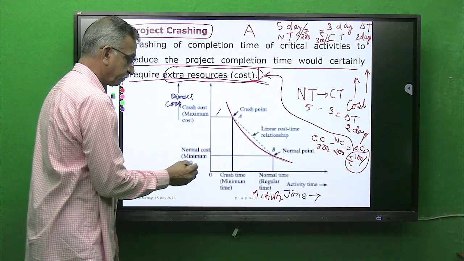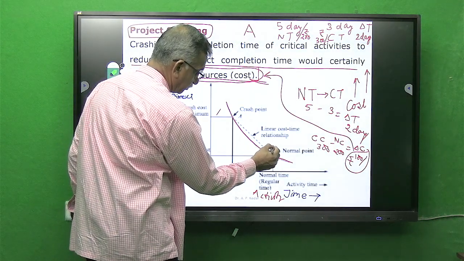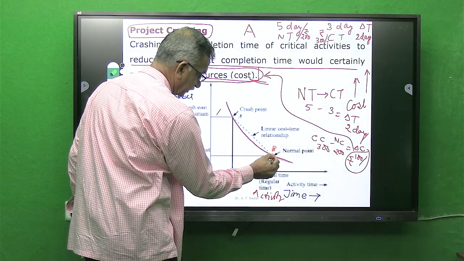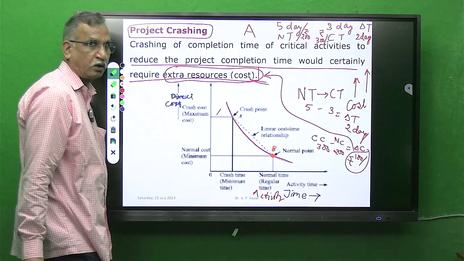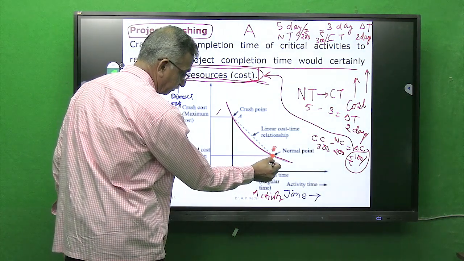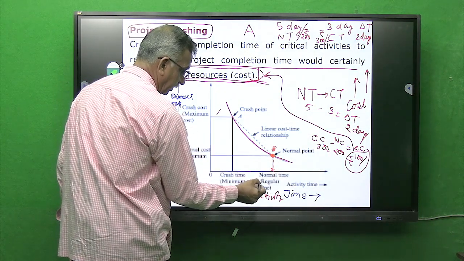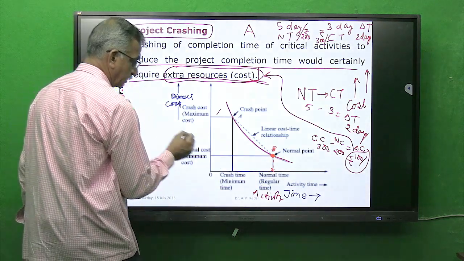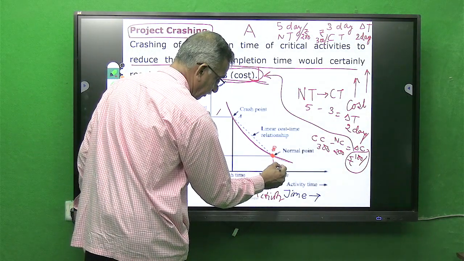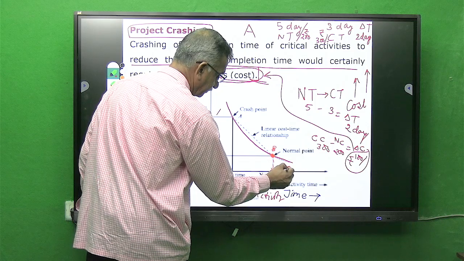If I take this point, point B, and project it like this, then on the time scale I get normal time, which I refer to as NT.